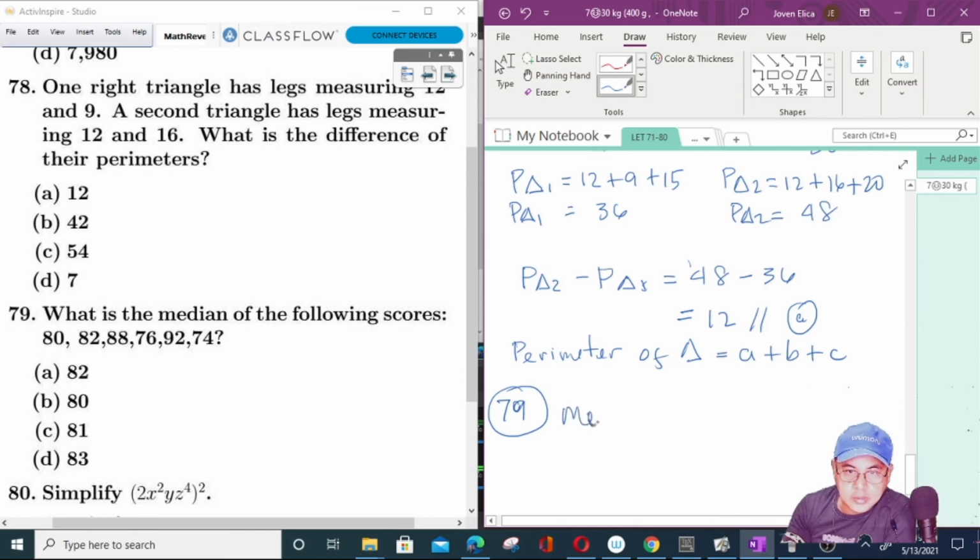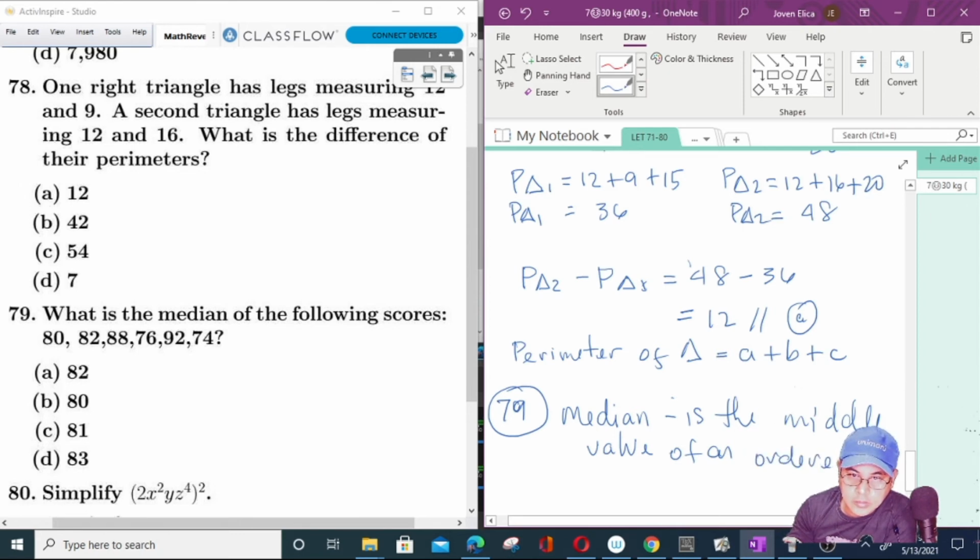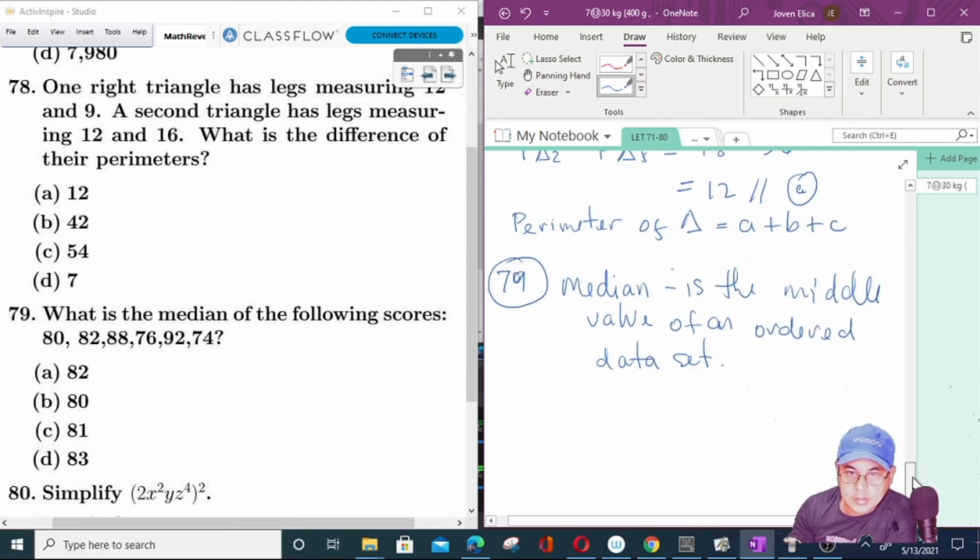To give you an idea of median as a review, median is the middle value of an ordered data set. It's the middle.